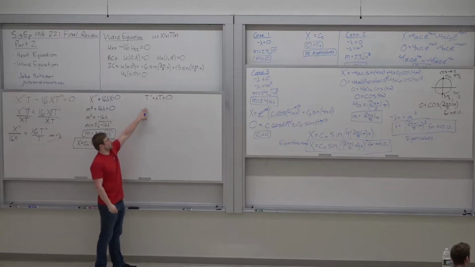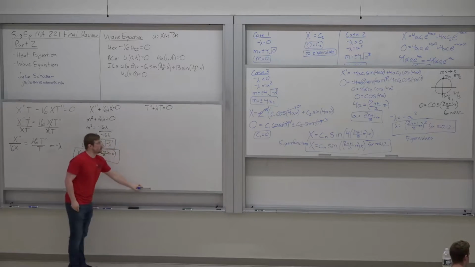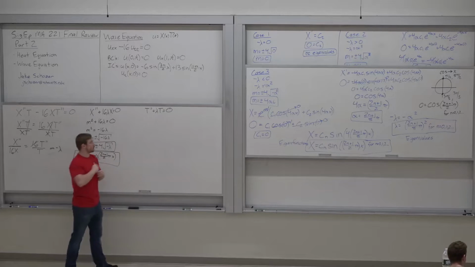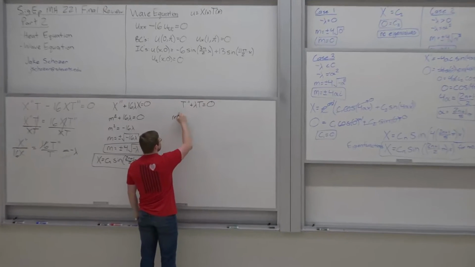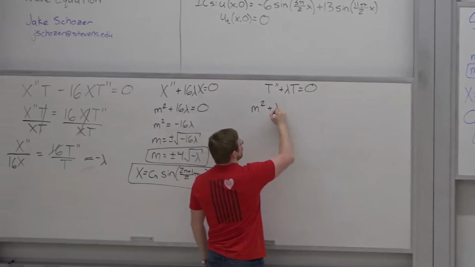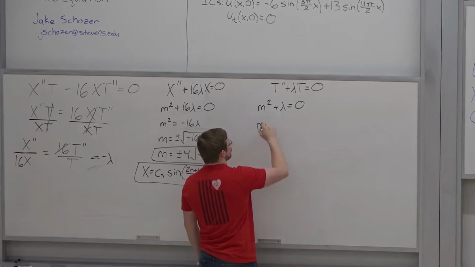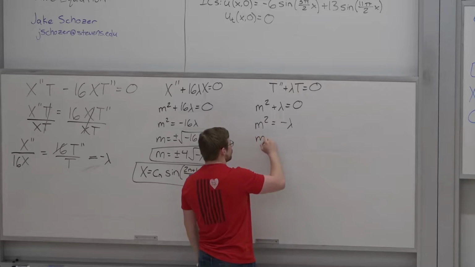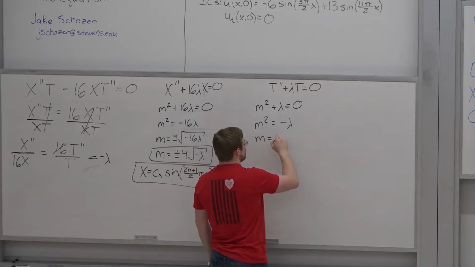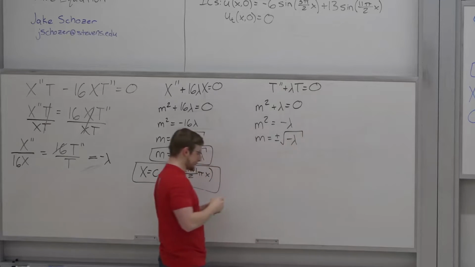Now I look to my second order differential equation. And how do I solve this? Well, I solve this by saying m squared plus lambda is equal to 0, which means m squared is equal to negative lambda, which means m is equal to plus or minus the square root of negative lambda.